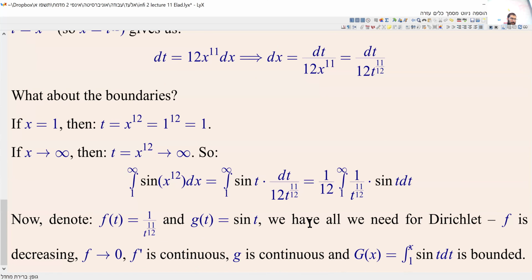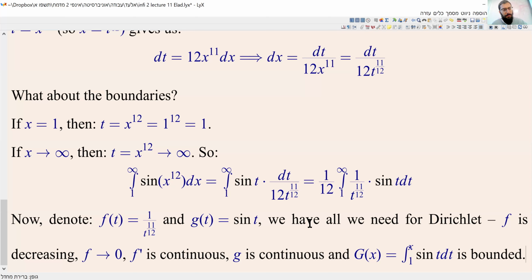But the function does not go to 0. So what was the most basic concept of series? If the series converges, the general element of the series must go to 0. It's not true when it comes to integrals.